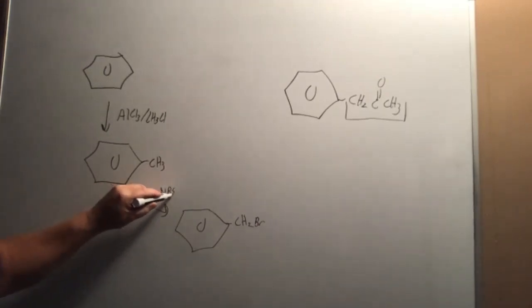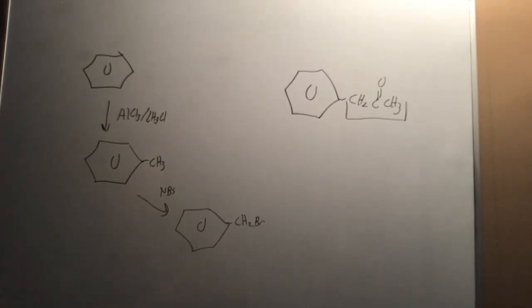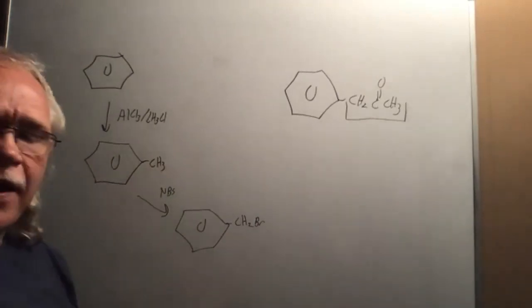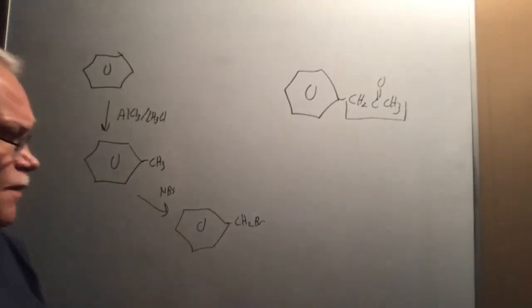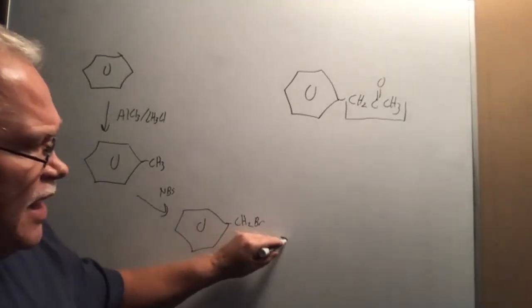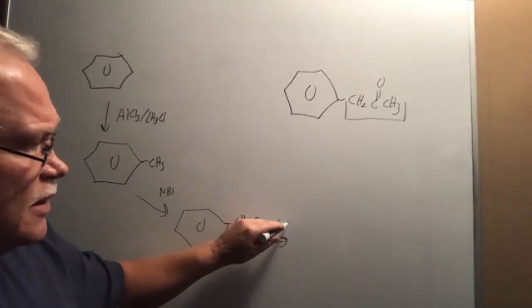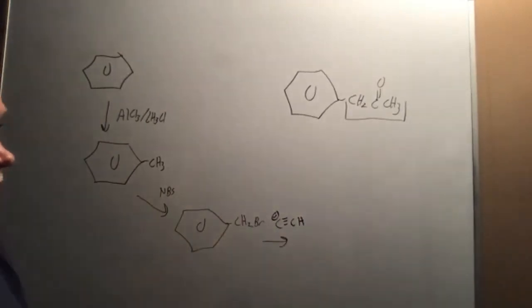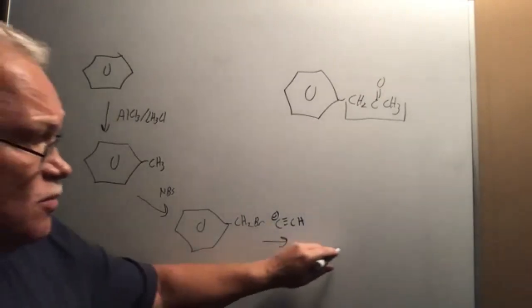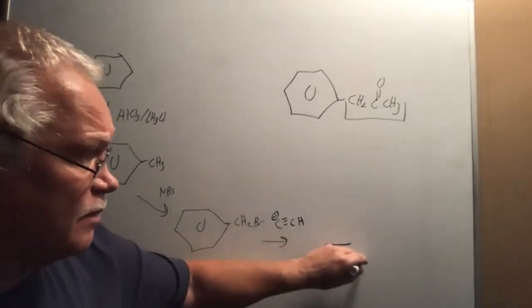That was just NBS. Now notice how we're incorporating various reactions, and you've got lots of homework examples to deal with this. If I have this, I can treat this with this acetylide ion from a long time ago. We've seen this reaction before in chapter 9.